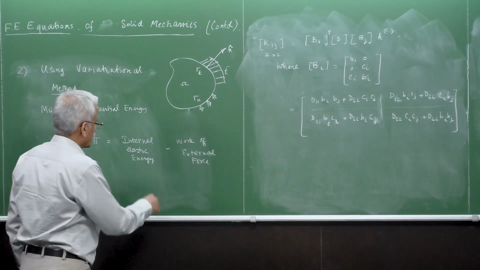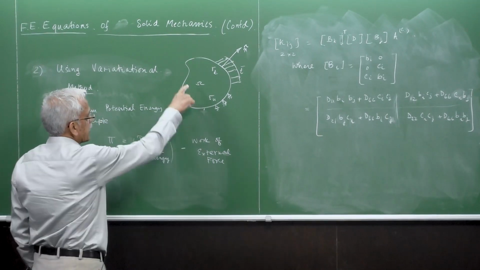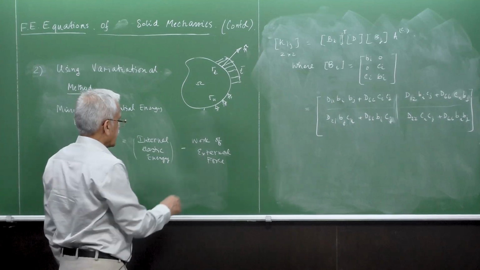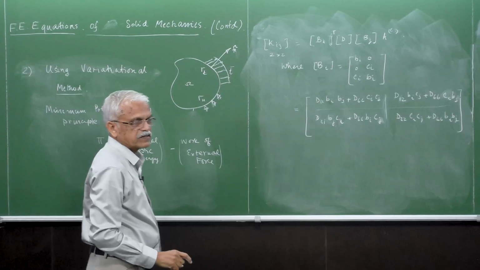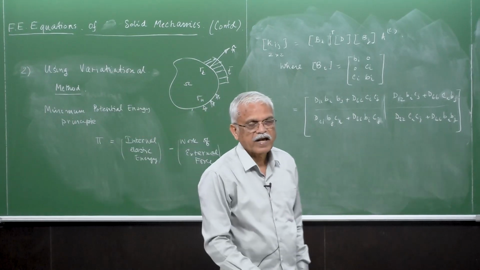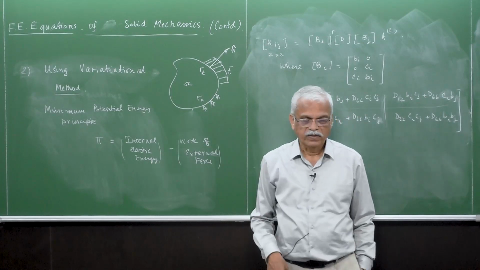So this is also something we mentioned at that time. This internal energy is due to the elastic deformations, and then we also have external forces like the traction acting on the surface, as well as the body forces which are acting everywhere in the body, right?